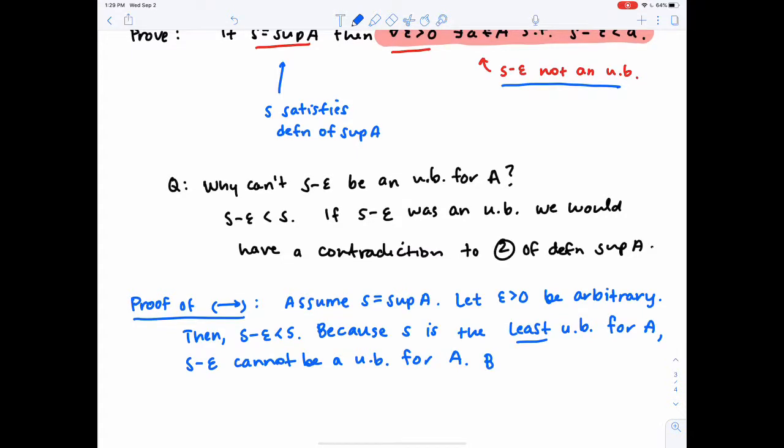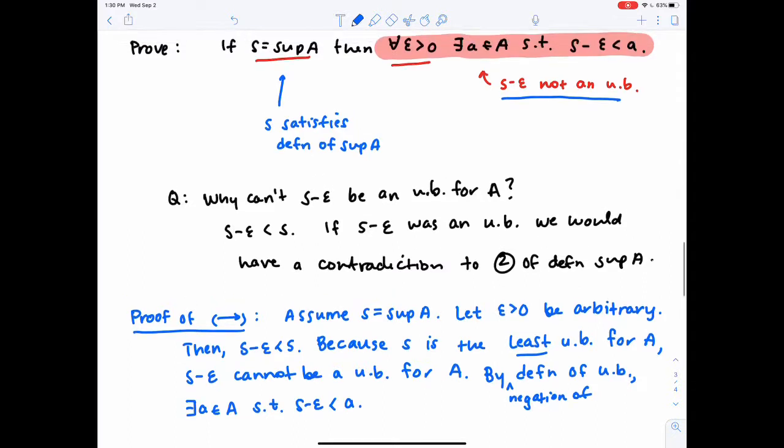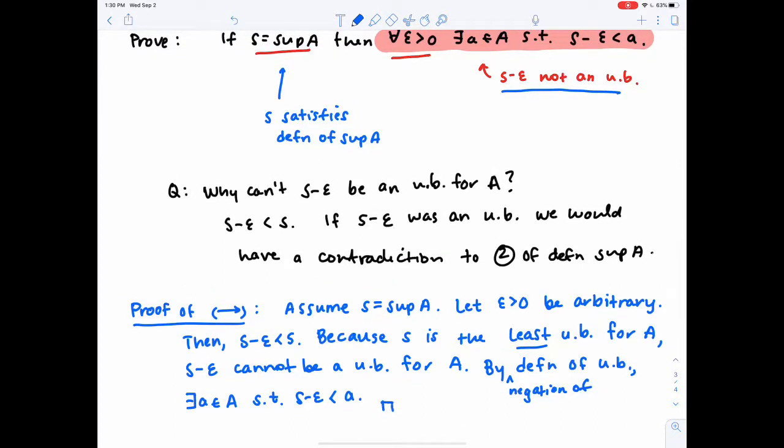So by definition of upper bound, there must exist a little a in A such that S minus epsilon is less than a. This is really, we're saying the negation of the definition. And that's exactly what we wanted to prove. So we're done.